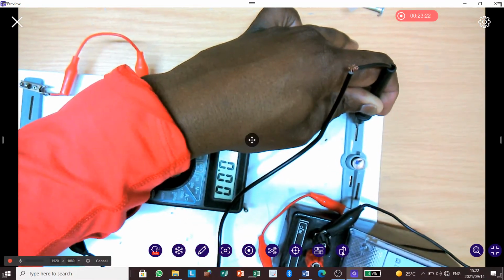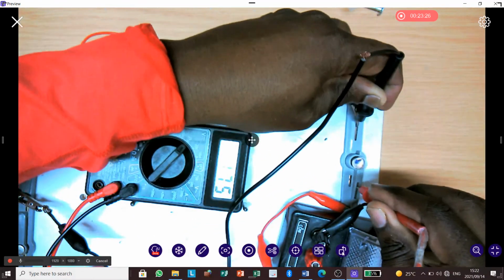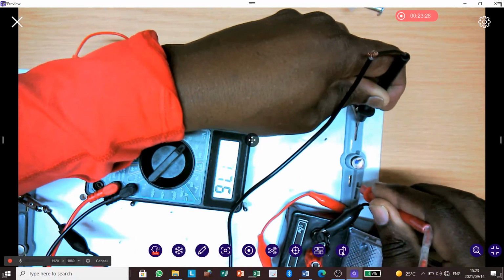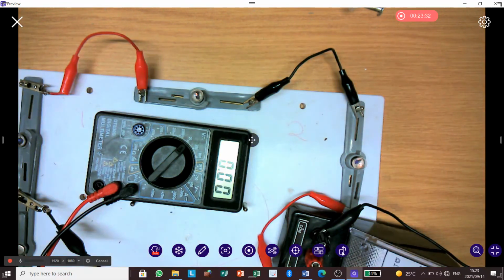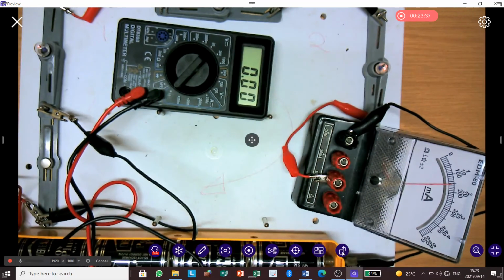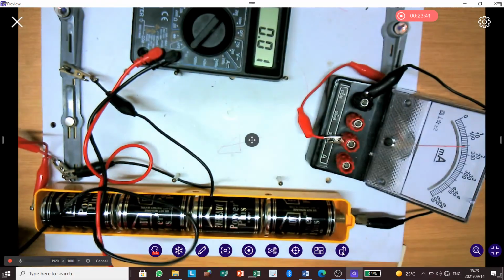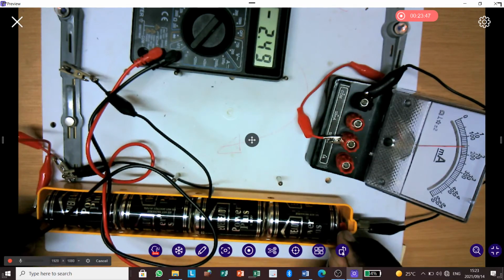Let's switch off my light. We can see 0,75. So all that voltage is coming from where? From our battery. Our battery gave us 2,6.